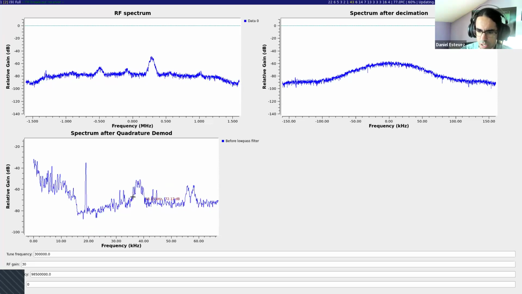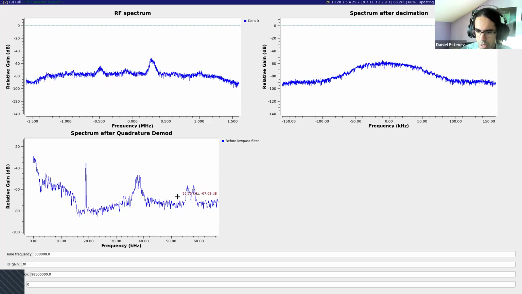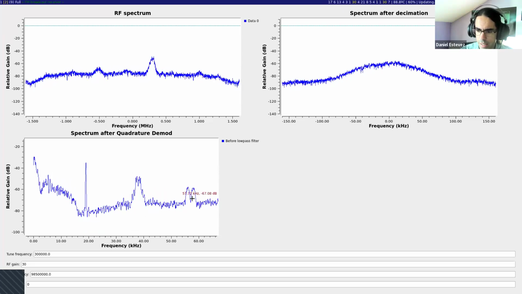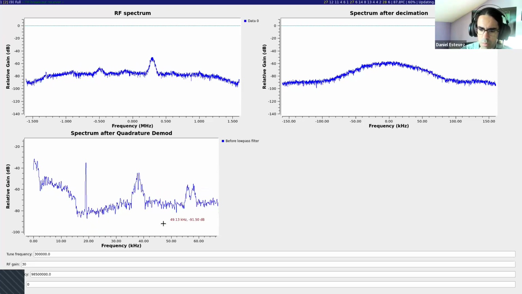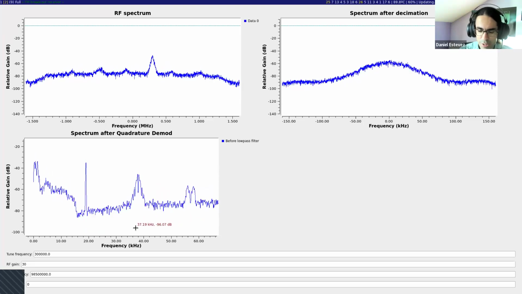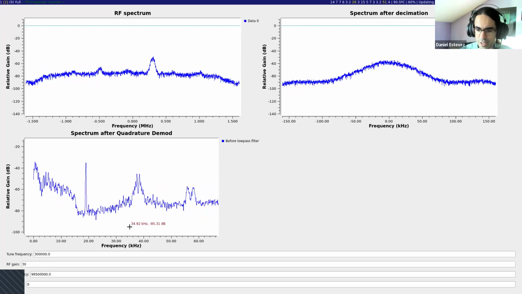You could say maybe this one is a harmonic of this one, because at the moment they look similar, but you can see this one is changing and this one is always more or less the same shape. So the answer is no, but it was a good suggestion. Any other ideas or guesses?